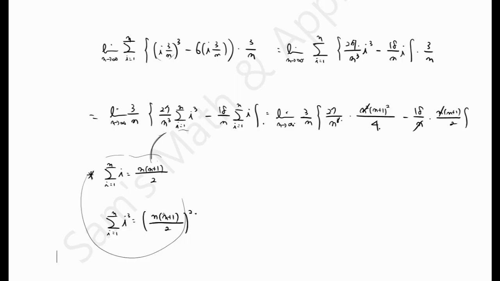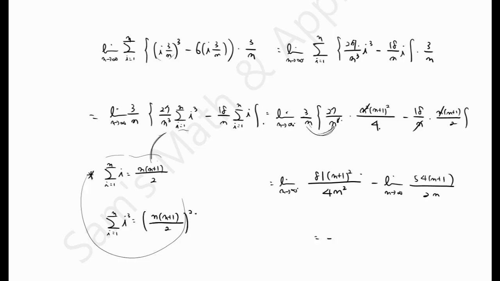So this is the limit as n approaches infinity of 81 over 4 times (n plus 1) squared over n squared, since 3 times 27 is 81, minus the limit of 54 over 2 times (n plus 1) over n.